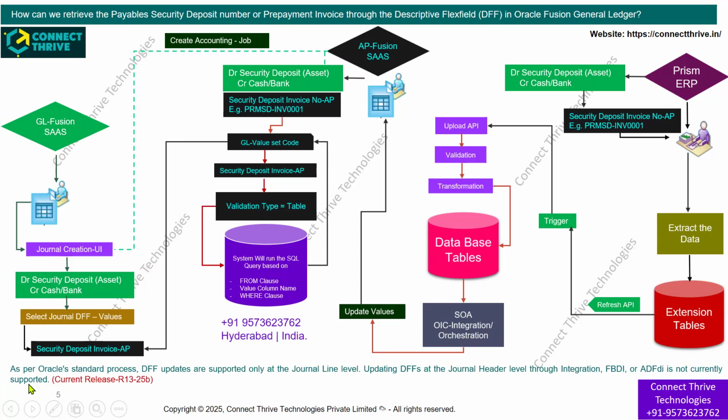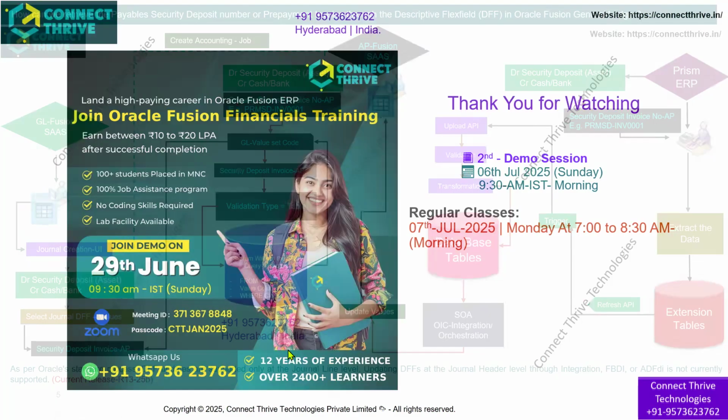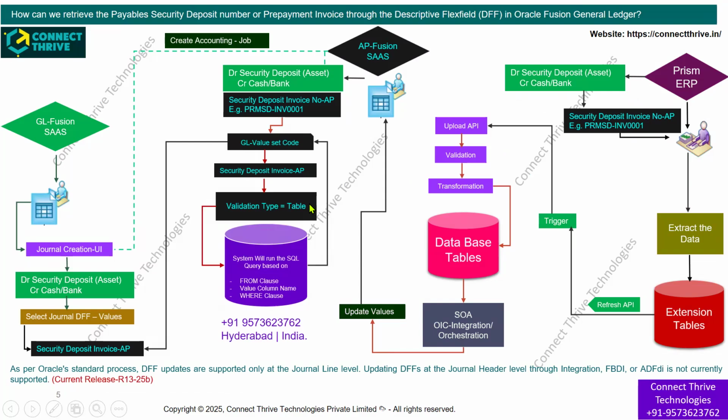So next, as we already discussed, DFF through integration or FBDI or ADFdi can be done only at line level. Header level is not possible. There is no feature at this moment in the current release 25B. So this is all about the usage of the DFF in a table validation type or format.